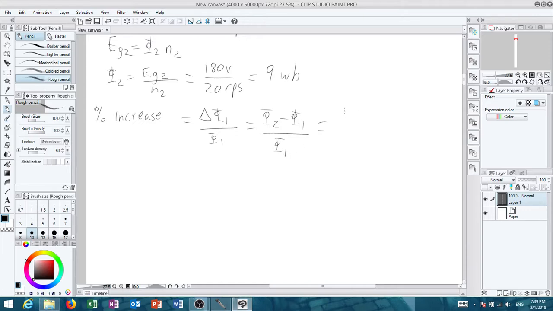That gives us 9 minus 6 over 6, which gives us 3 over 6, which gives us 0.5. For the percentage increase, we multiply this value by 100, and that gives us 50%. And that's the percentage increase in the flux per pole.